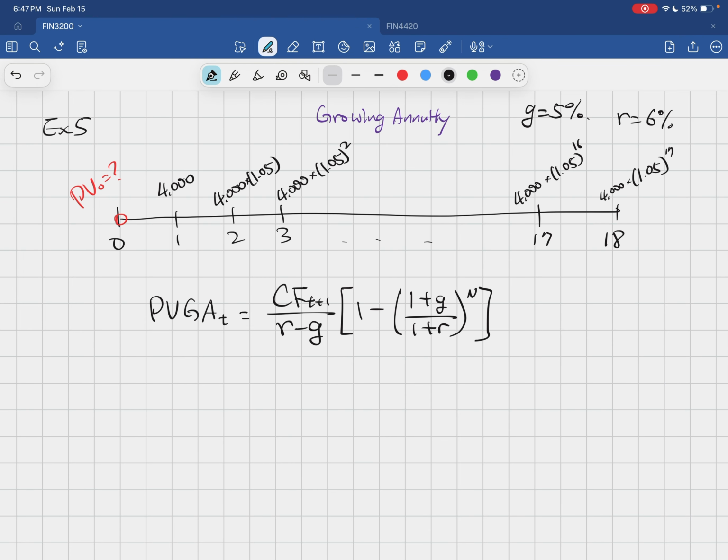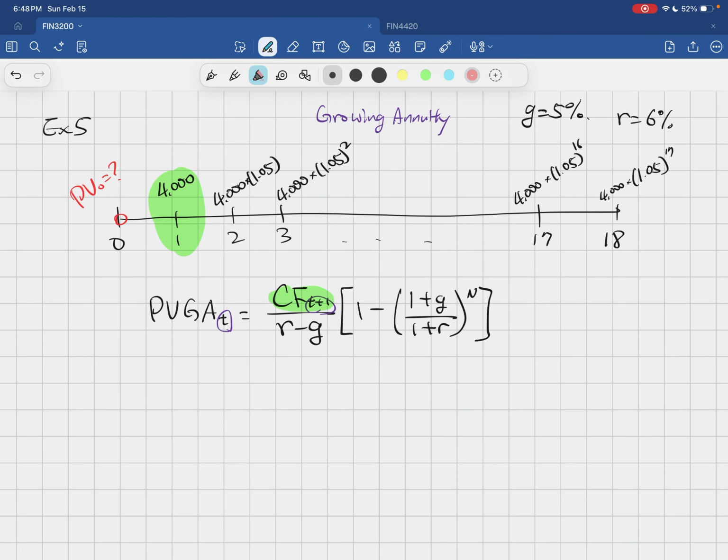As with all the other formulas, present value of an annuity, present value of a perpetuity, and present value of a growing perpetuity, we still have these time indicators, t and t plus 1. And how we apply the formula is still the same. We're going to check when the first cash flow occurs in that cash flow pattern. In this case, it occurs in year 1. So it's the base case, and that makes the problem easier.